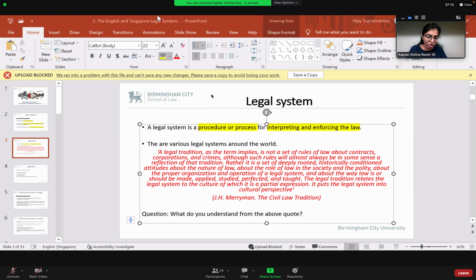What do you think is Parliament's function? Very good, Amelia. Parliament's function is to make law, that is, to enact law. Now, when Parliament enacts law, the judiciary will interpret the laws.